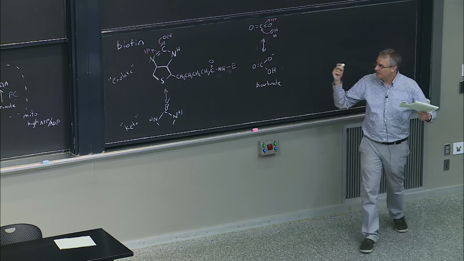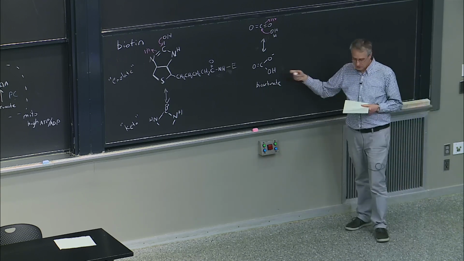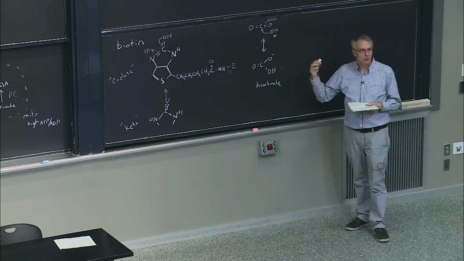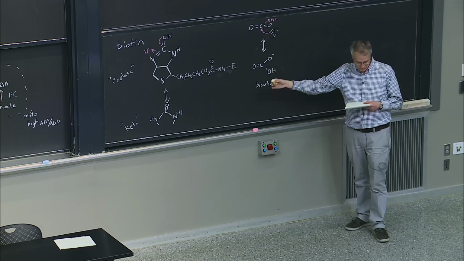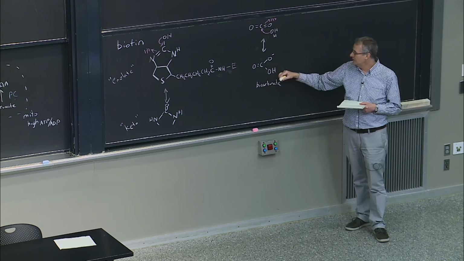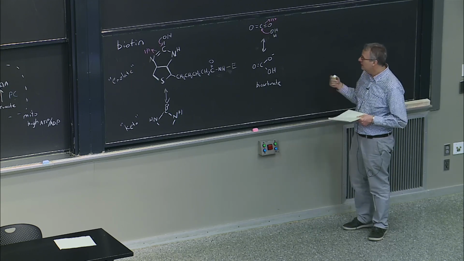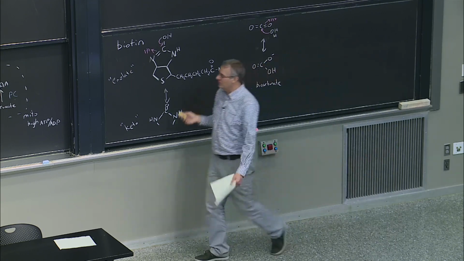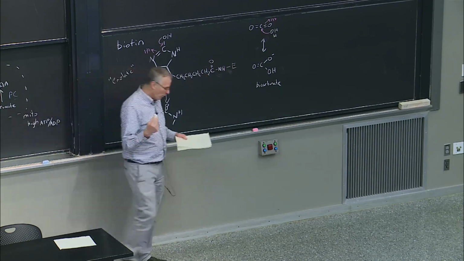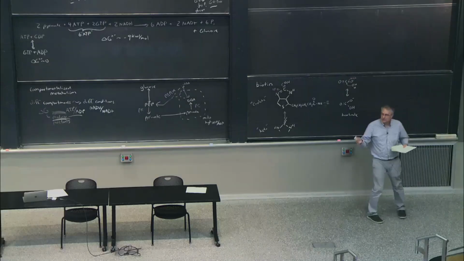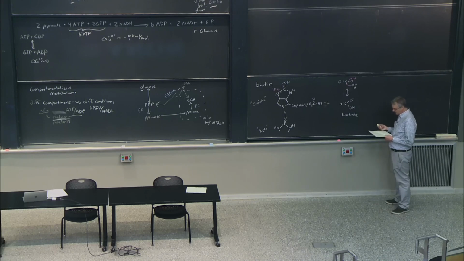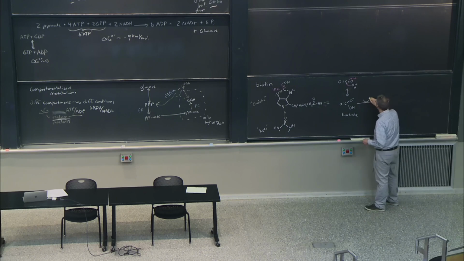It turns out that pyruvate carboxylase uses bicarbonate, so biotin bound in the active site of pyruvate carboxylase will utilize bicarbonate in the following way. And I'll just point out that the pH of the mitochondria is also more basic, which also helps this pyruvate carboxylation reaction. All right, so what happens is this bicarbonate is phosphorylated by ATP.